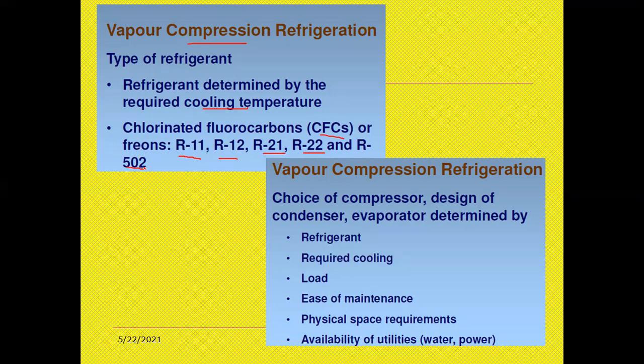Okay now, next, the vapor compression refrigeration system components we have discussed: the compressor, the condenser, the expansion devices. They come in various designs determined by what? Determined by the refrigerant, the required cooling, the type of load, the maintenance, physical space requirement, and availability of utilities.